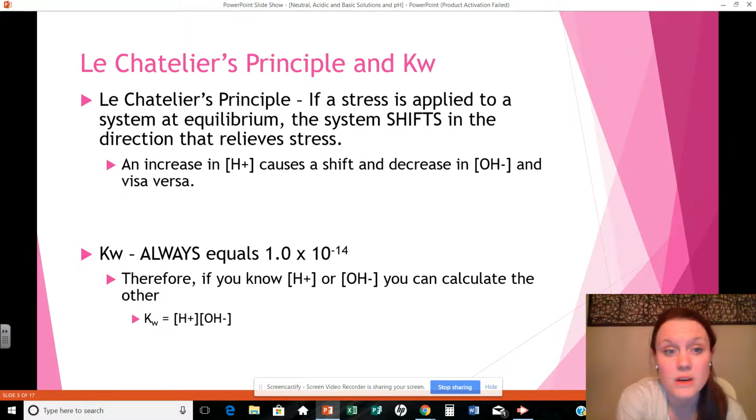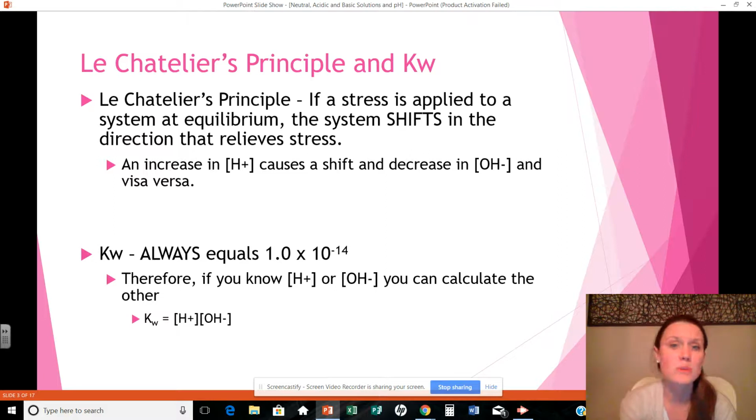This applies in life, and it also applies in chemical reactions. So when a system that is normally at equilibrium, where everything is balanced, is stressed, the system will shift in the direction that most relieves stress.